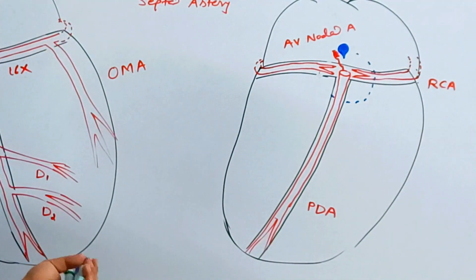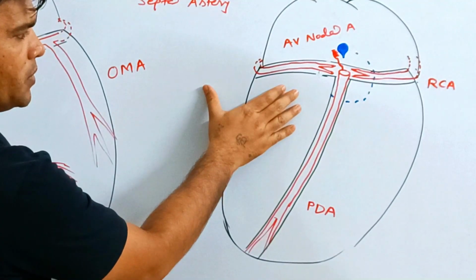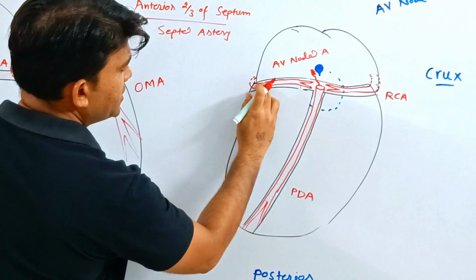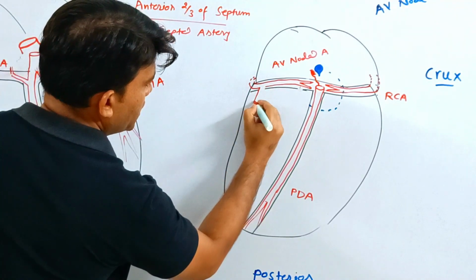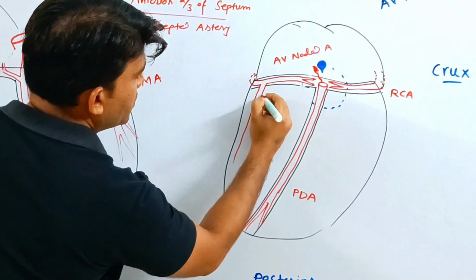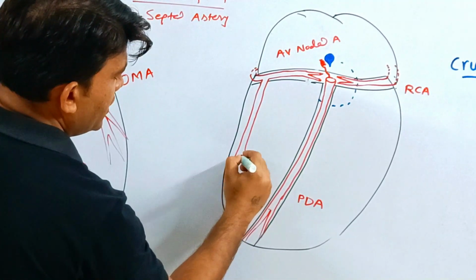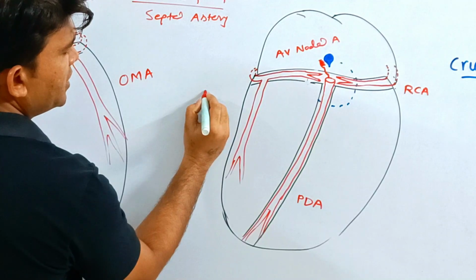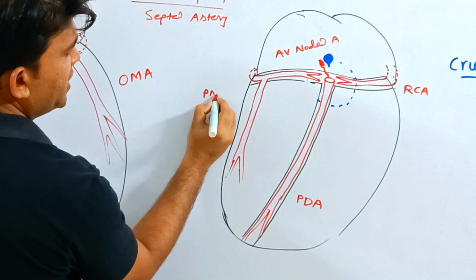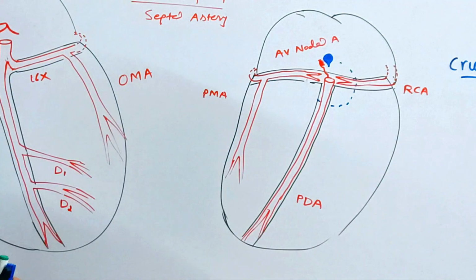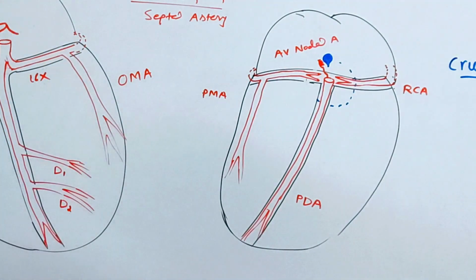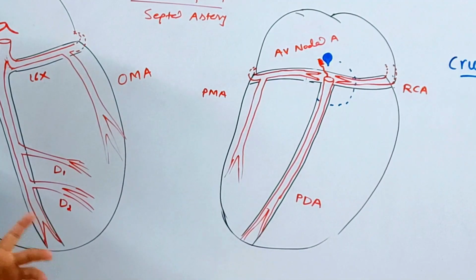This is the posterior part of the left heart, right? From the LCX, one more artery comes and goes down. This artery is given the name posterior marginal artery, right? Now let's discuss coronary dominance.